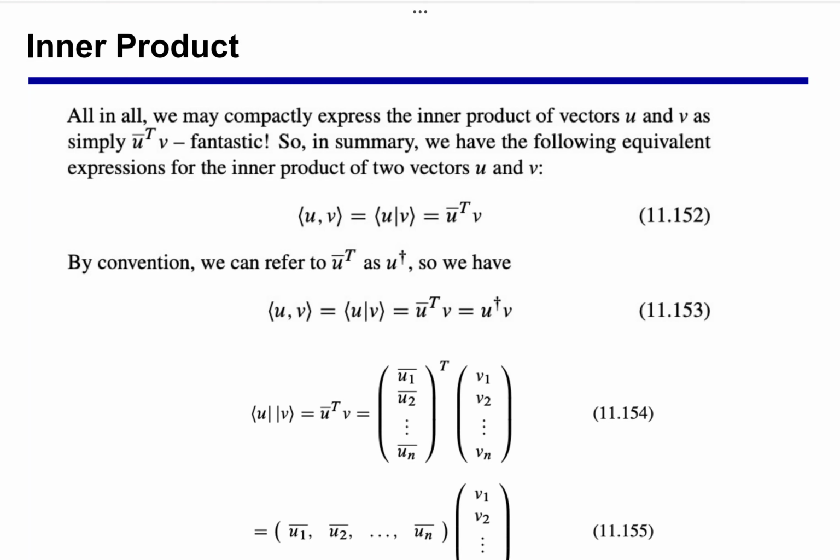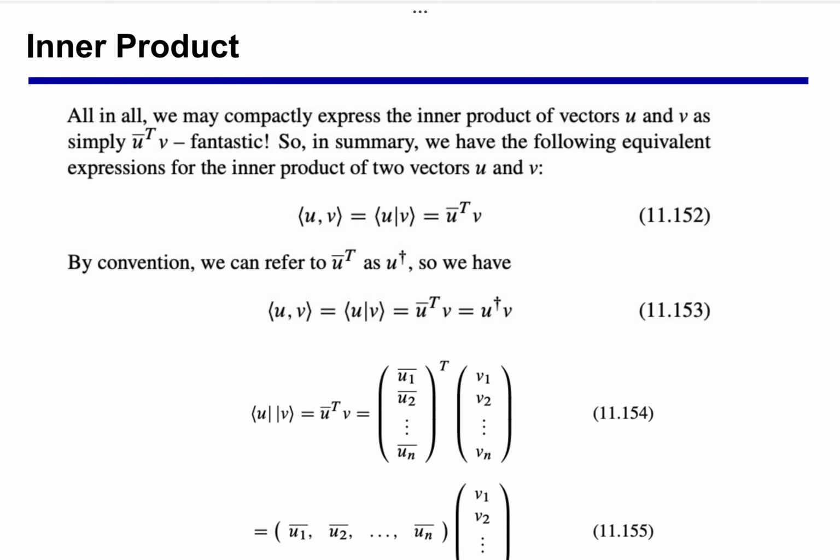This is the bracket notation, and this notation means that this is just an inner product. The bracket means that the column is equal to the column and the transformation, and we can refer to the u dagger. So we can do some notations like this.